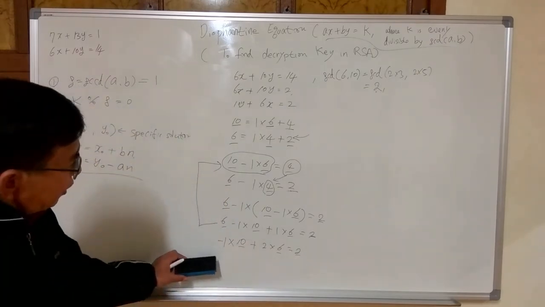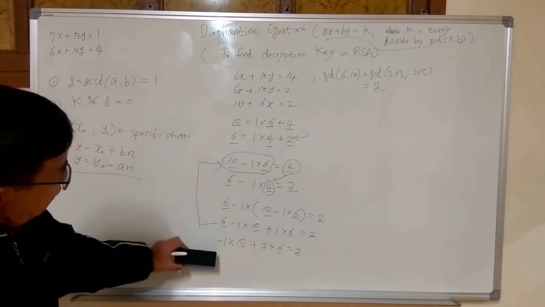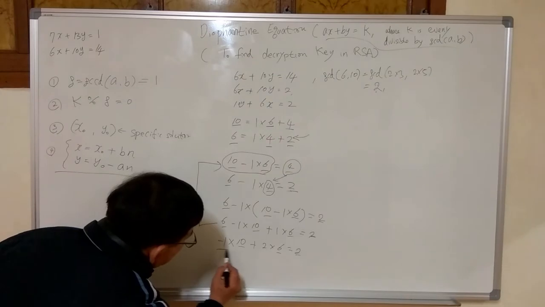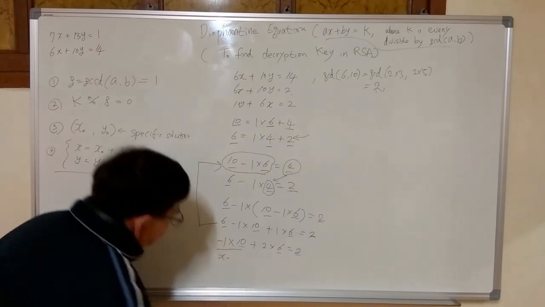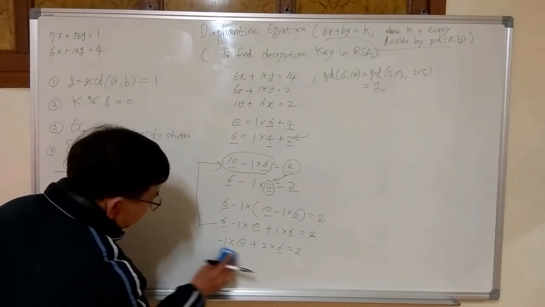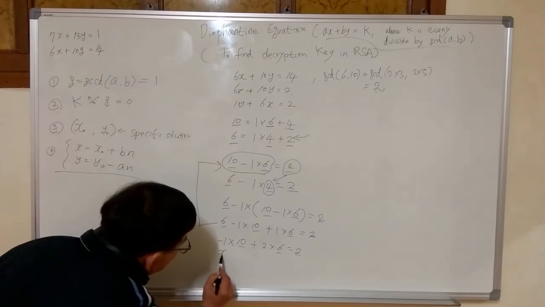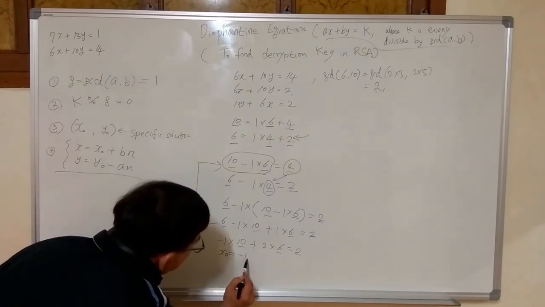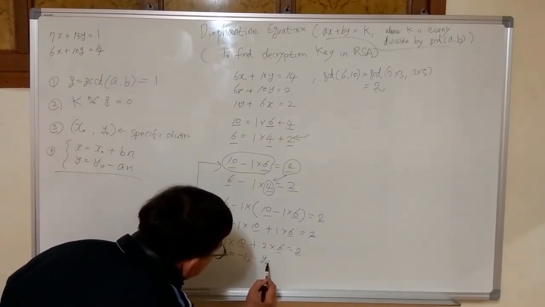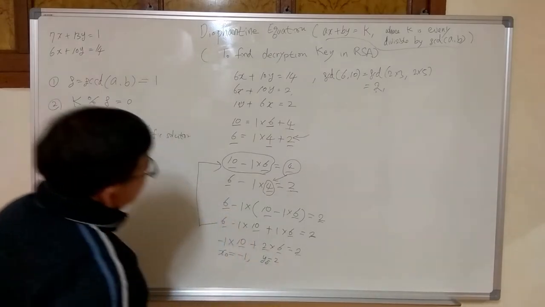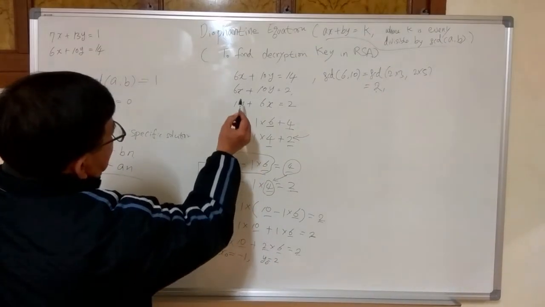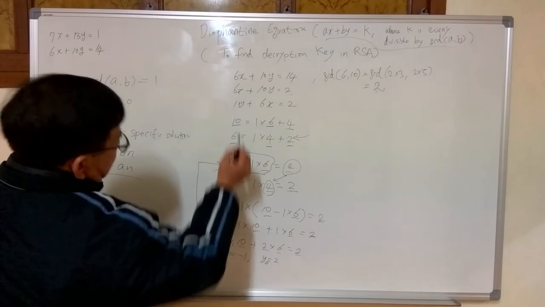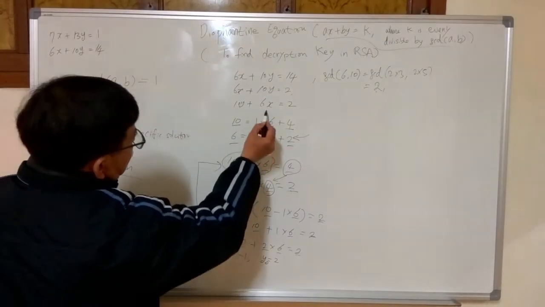So we let the first term be x naught, x0, equal to minus 1, and y naught equals 2. Comparing with this equation, we can let it like this.